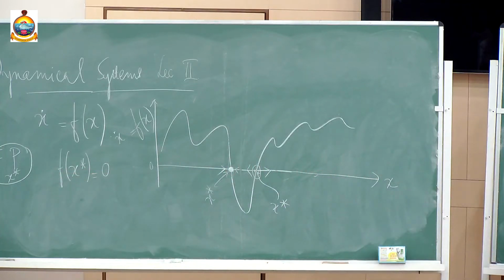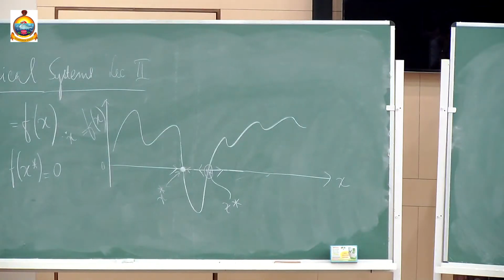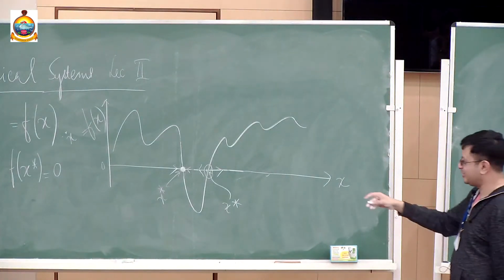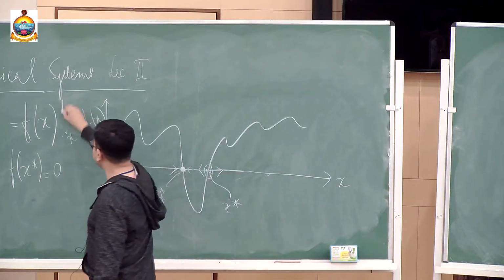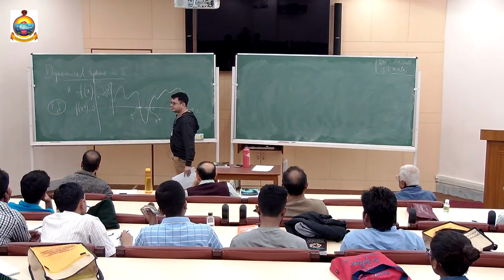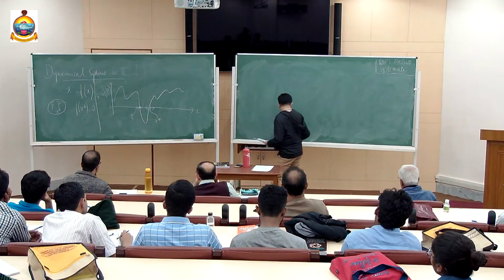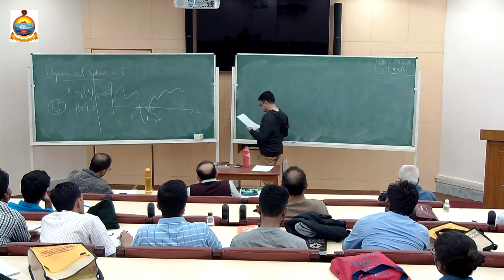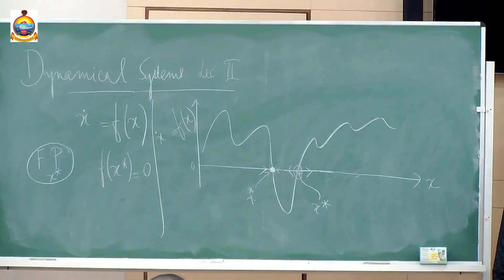That's it. You have to always remember that f of x is a very special thing. It's the local velocity, x dot. Okay, so this is the method of linearization.